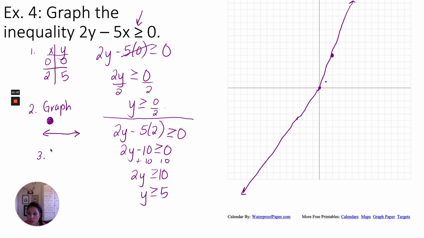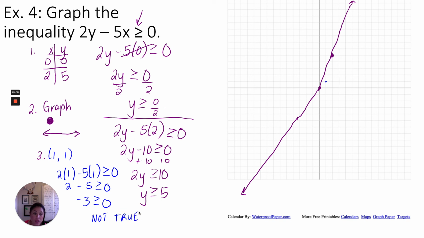So we're going to use the value of 1 and 1 for x and y. So 2 times 1 minus 5 times 1 is greater than or equal to 0. 2 minus 5 is greater than or equal to 0. And then we have negative 3 is greater than or equal to 0. This is not a true statement.